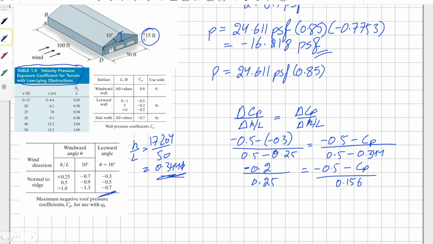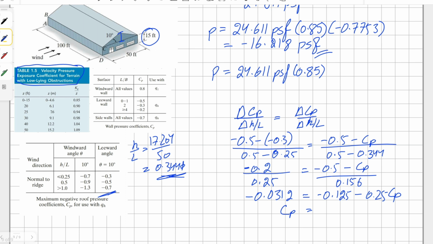So 0.2 times 0.156, we get negative 0.0132 equals negative 0.5 times 0.25. We get negative 0.125 plus negative 0.25 times our exposure coefficient. Now solving for the exposure coefficient, we should get something really nice, or at least that's what I hope for.